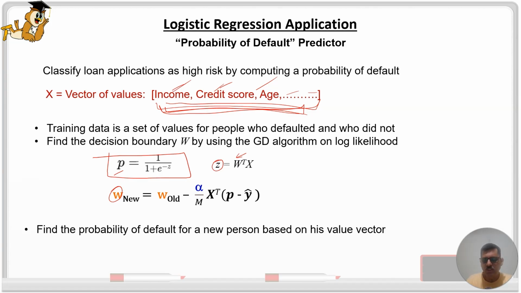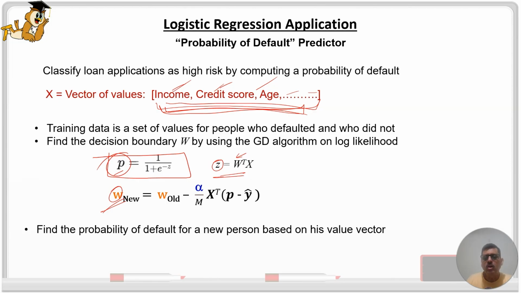If P is extremely small, obviously you want to invite him and immediately give him a loan. And if P is somewhere near 0.5, 0.6, 0.4, and so on, it falls in a range where you may want to exercise some discretion and decide what to do. So there is a direct probability of default that you can find once you have found the optimal W's.